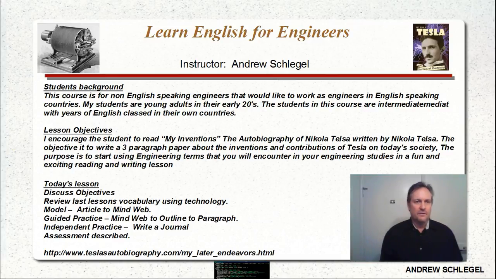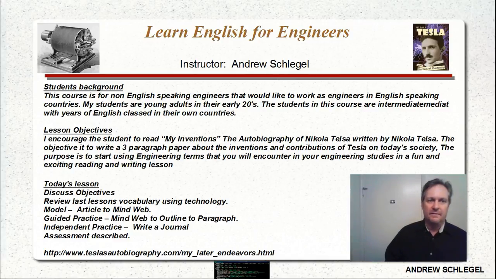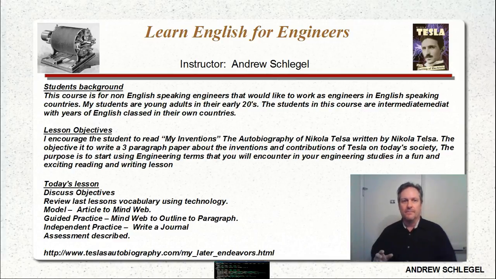Okay, so following the course today, this is the lesson plan for today. First, we're going to discuss objectives, what we just did. We're going to review the last lesson's vocabulary using technology, and then we're going to do a model article to MindWeb, and then I'm going to give you a guided practice.